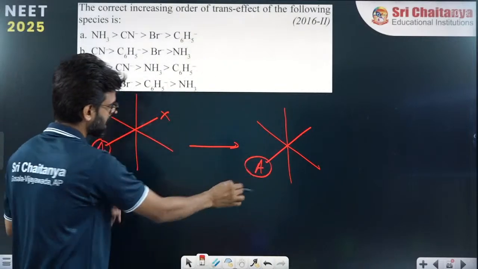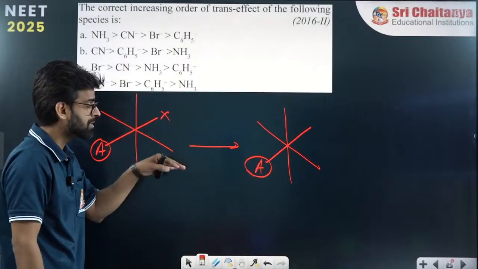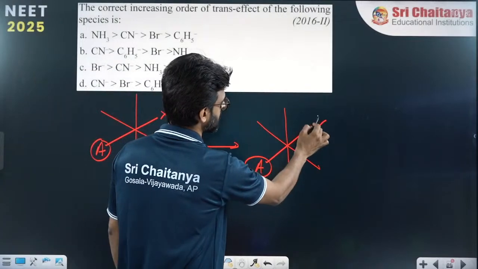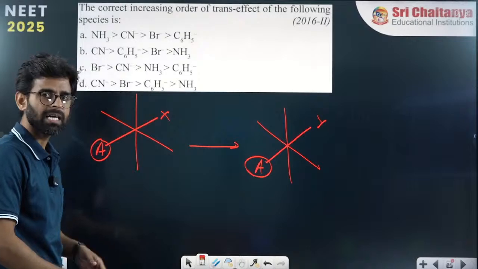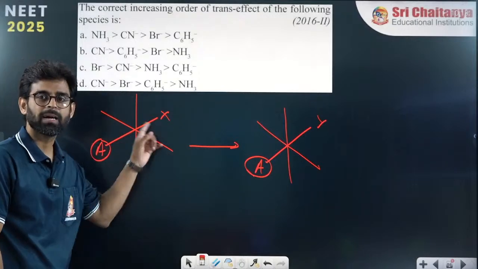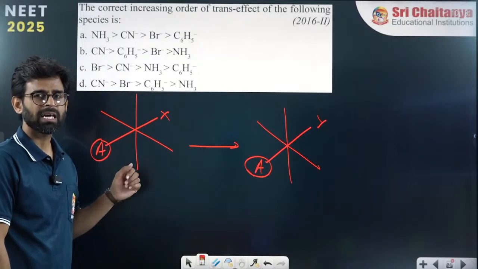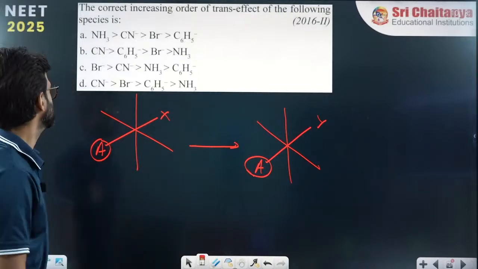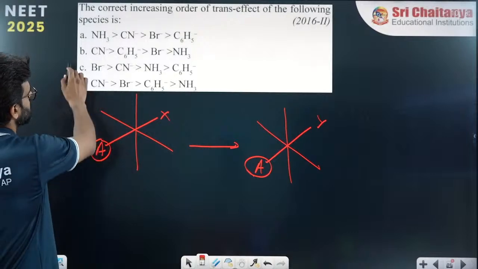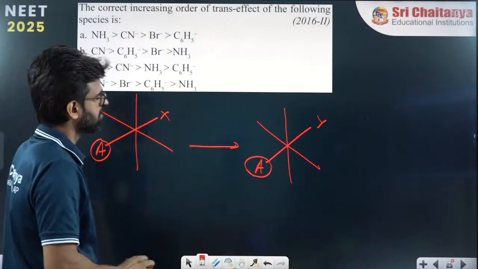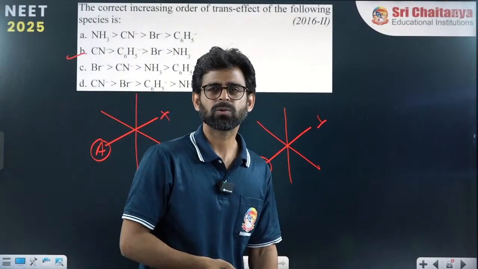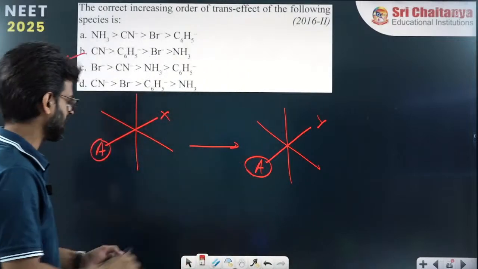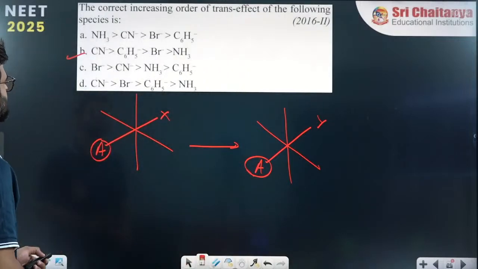It will make X labile, means X will go and something else comes. Imagine Y comes here. It is the trans effect. How much it will make it labile? It has some order which they once asked in the NEET exam, right? Just the order we have to remember here. But out of NCERT, I will say not so much important. But once it came, in classes we have done this, right?